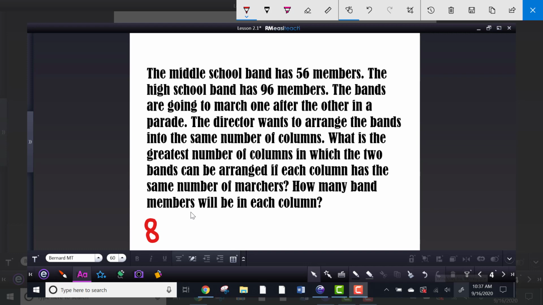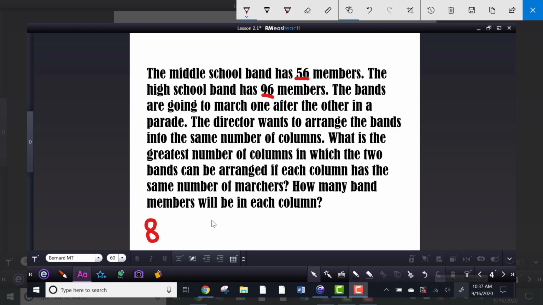Now my next step is asking me how many band members will be in each column. So what I need to do is add 56 and 96 together, and that will give me 152 total band members. Now, that doesn't mean 152 total band members will be in each column.